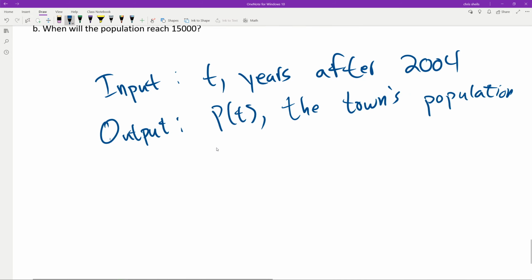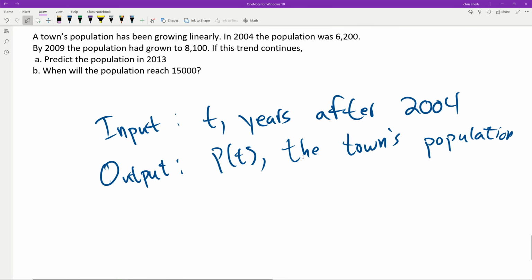So, if t is the number of years after 2004, this means that 2004 itself is 0, right? T would be equal to 0, because 2004 is 0 years after 2004.